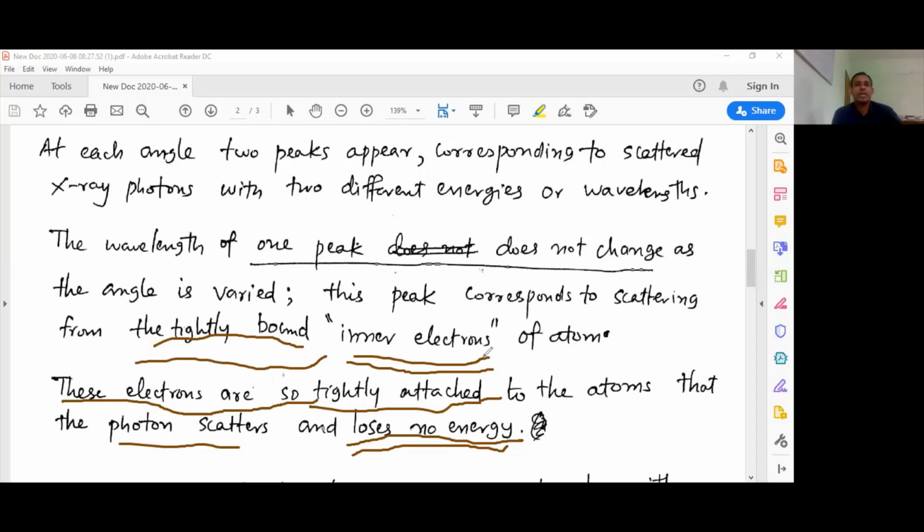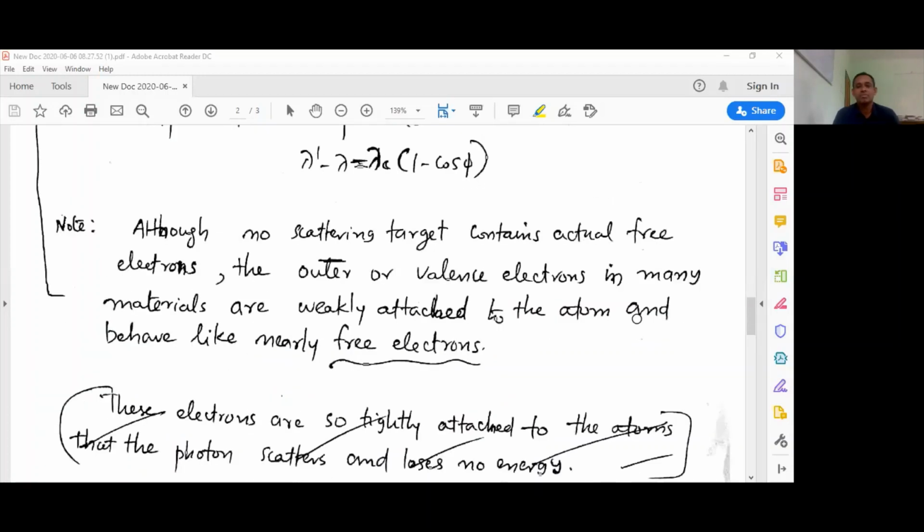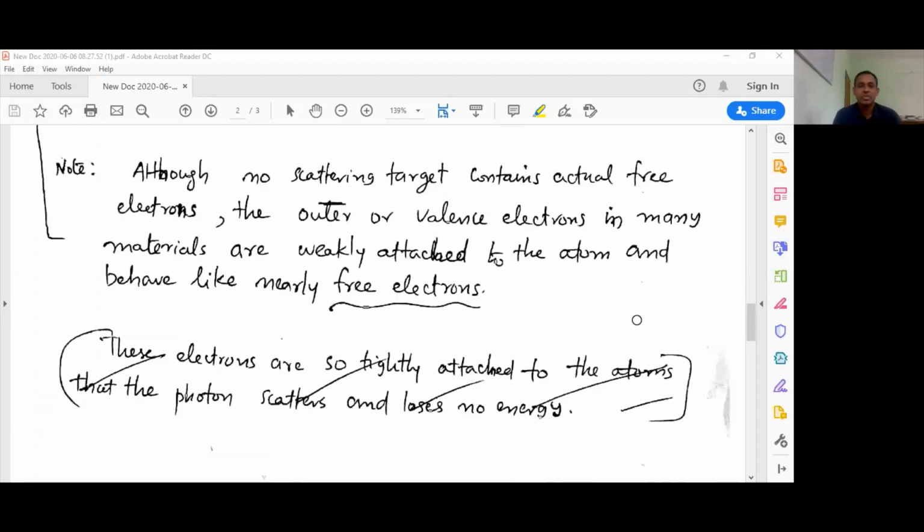These are the wavelengths of the photons scattered by the electrons in the inner orbitals, which are very tightly bound to the atom. So that is about the Compton effect, and the Compton effect clearly confirms the photon model of light.